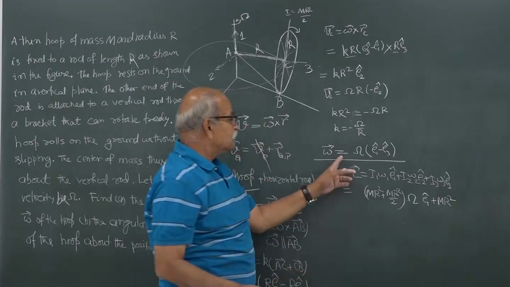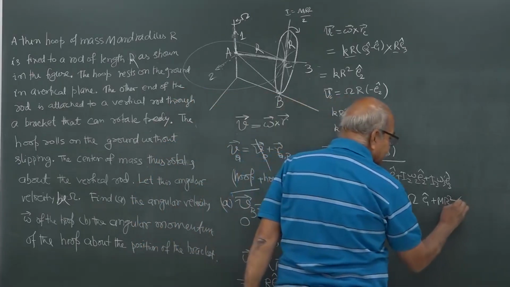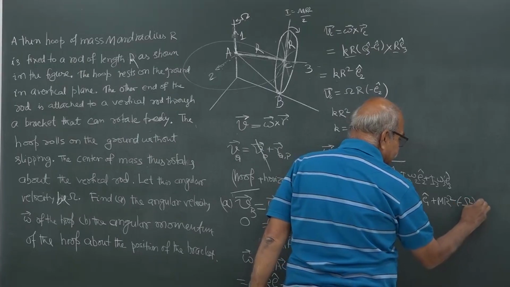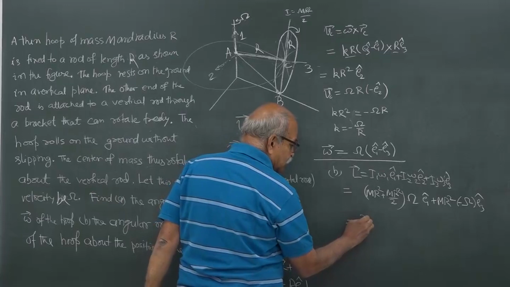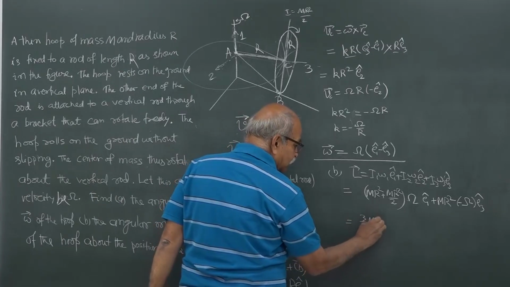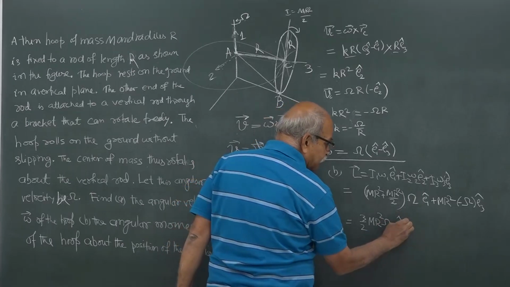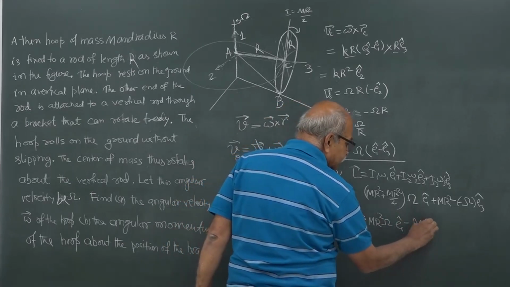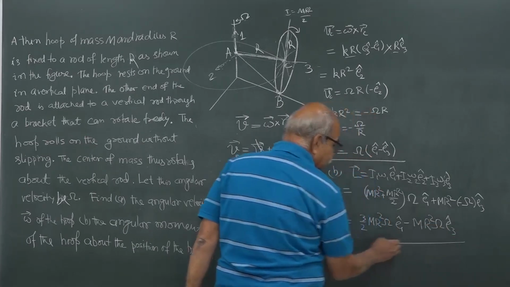Omega 3, what is omega 3? Omega 3 is minus capital omega. So, minus capital omega and E3 cap, that is it. So L is 3 by 2 m r square omega E1 cap minus m r square omega E3 cap. So, that is the angular momentum.